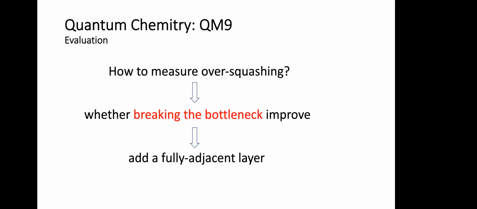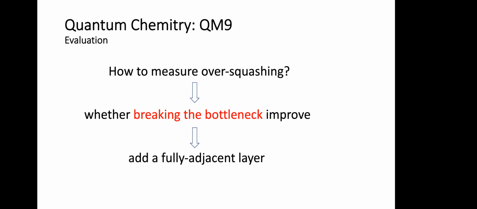Yes. So as you can see, for the over-squashing problem, they break this bottleneck by adding a fully adjacent layer. For example, in the graph, we have k layers. The kth layer is the fully adjacent layer they used, and the k-1 graph layers have already exploited the graph structure using their original graph topology.